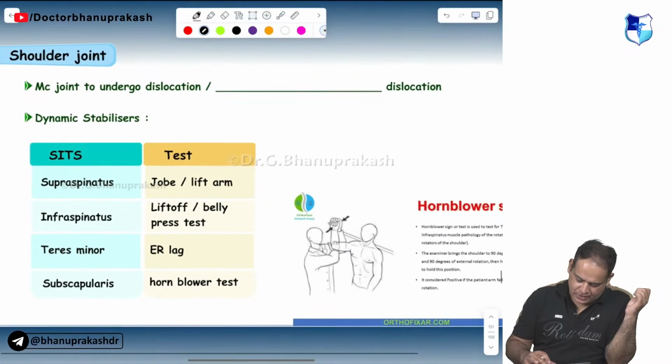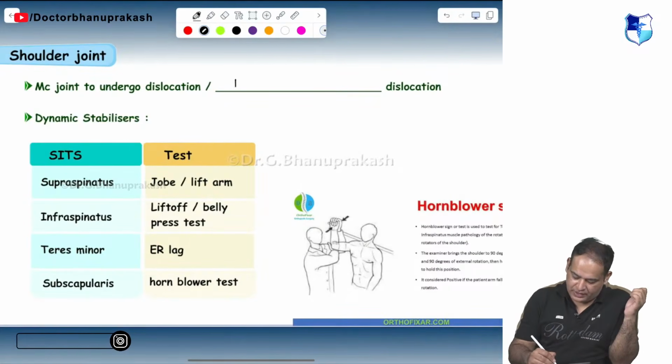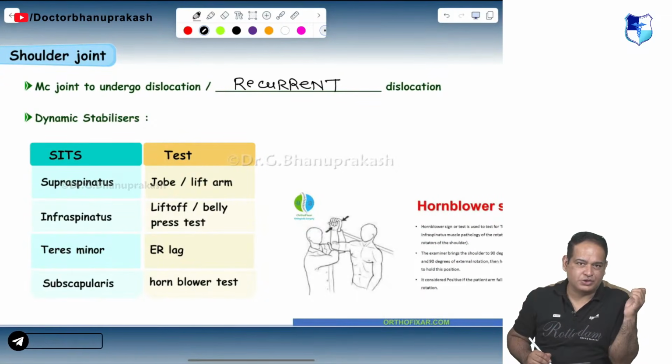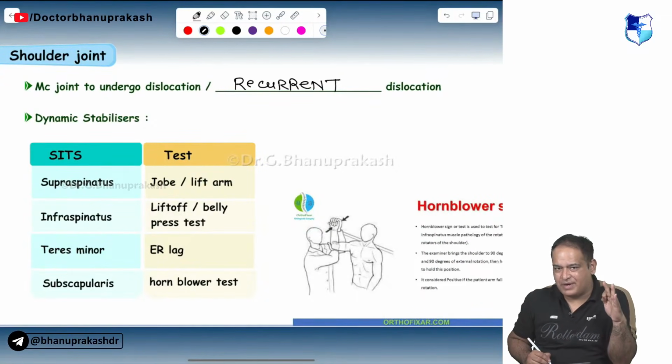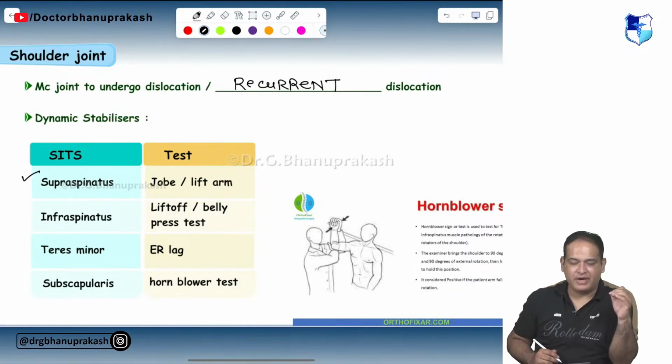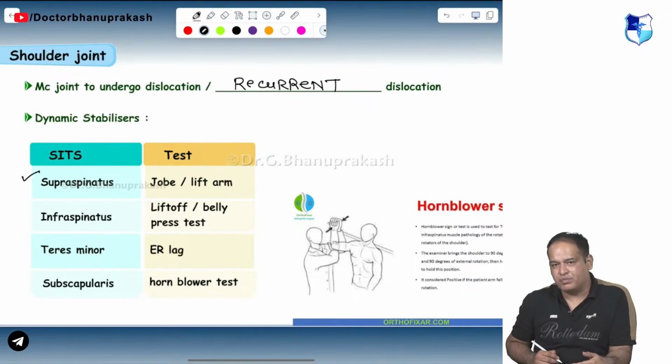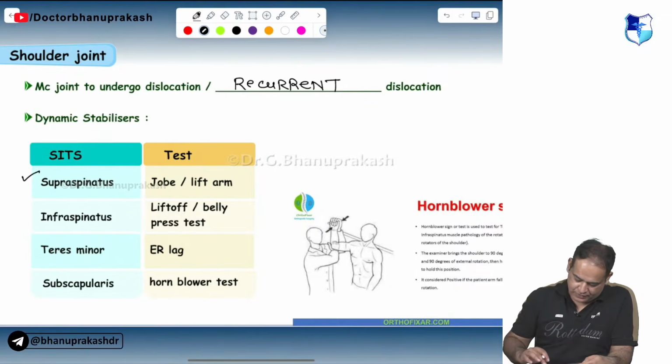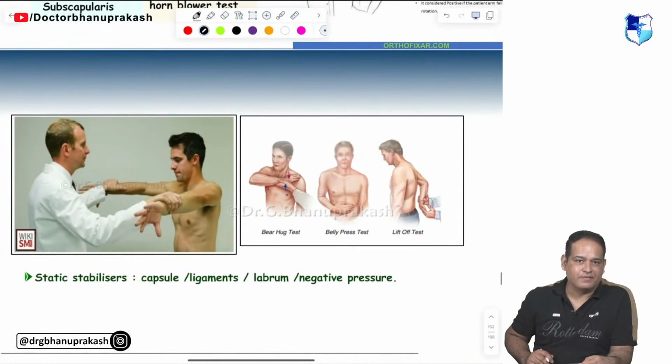Shoulder joint. It is the most common joint to undergo dislocation and recurrent dislocation. Now, what are the stabilizers of the joint? So, supraspinatus. How to check if the supraspinatus is injured or not working properly? Fine.